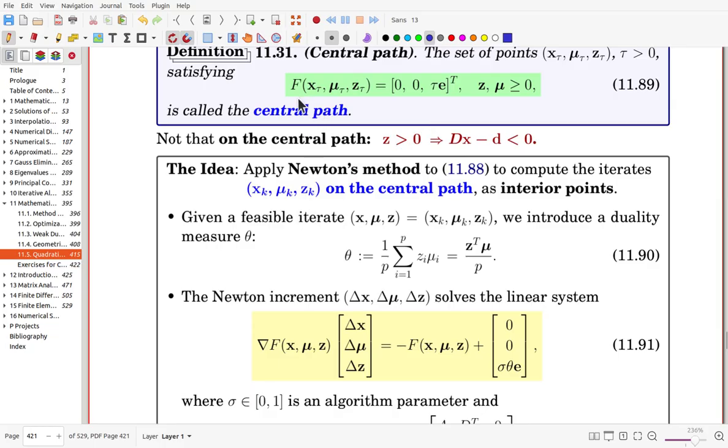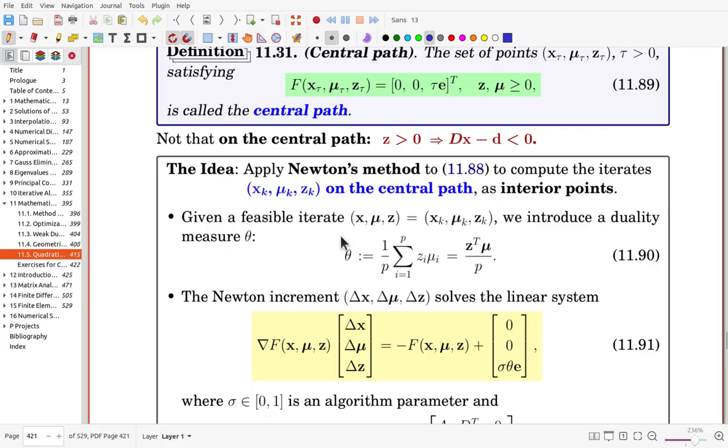Once this x, mu, z is satisfying this one, then that is called the central path. So inside the feasibility zone, the feasibility set, once this one is becoming smaller, then that will make a path. So that's the reason it is called the central path.